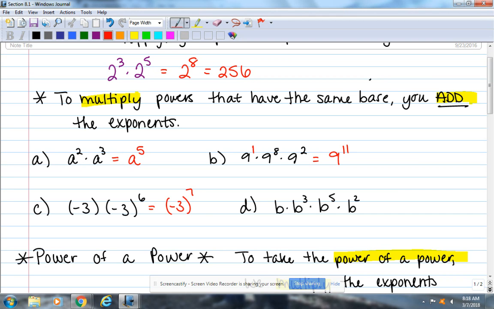Well, problem D, those are all B's. B times B cubed times B to the fifth times B squared. So what do you think the answer is going to be? Which one is it? It is B11. And we don't say B11. We say B to the 11th power.